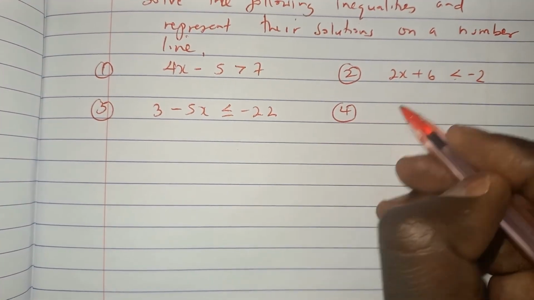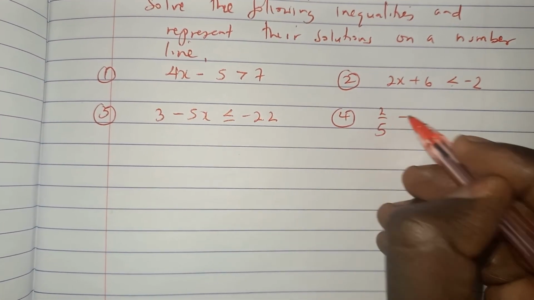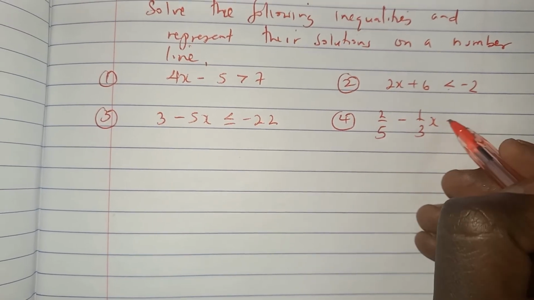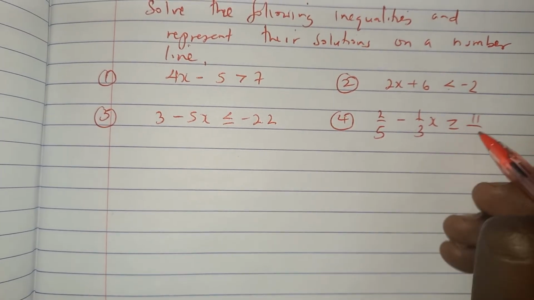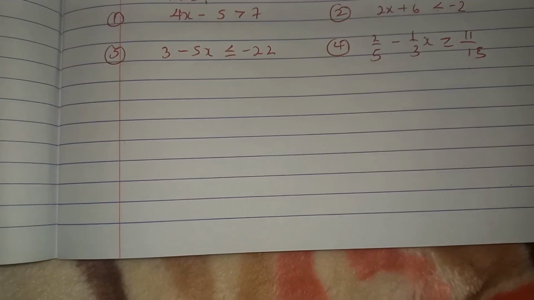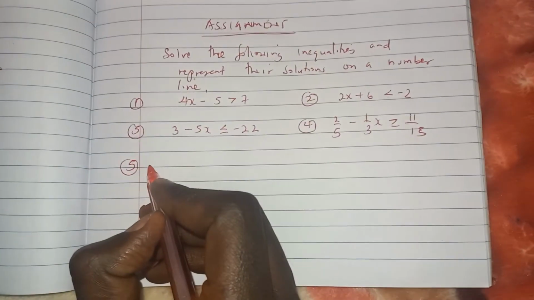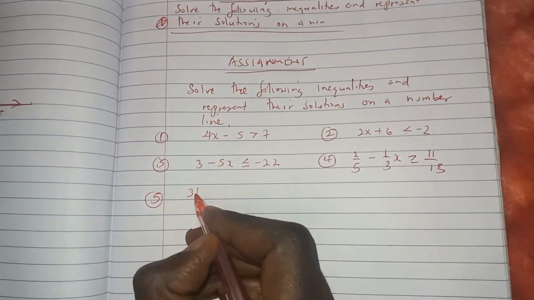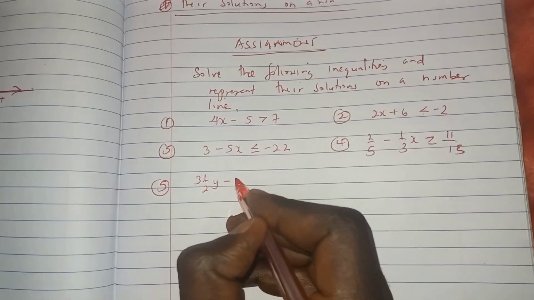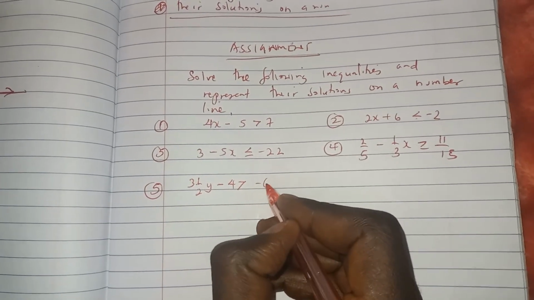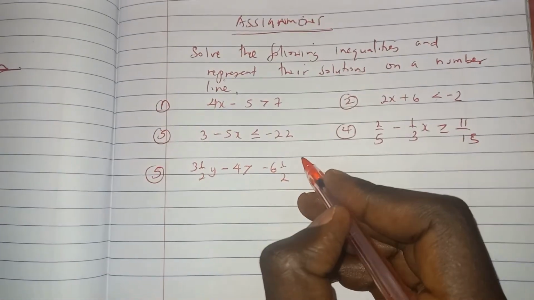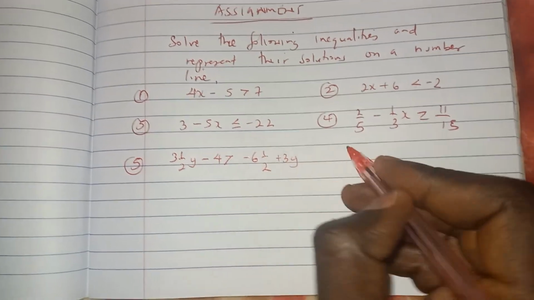Number 4, 2 over 5 minus a third x is greater than or equal to 11 over 15. Now, number 5, 3.5y minus 4 is greater than minus 6.5 plus 3y.